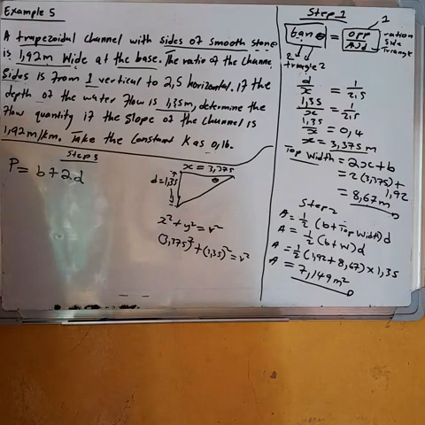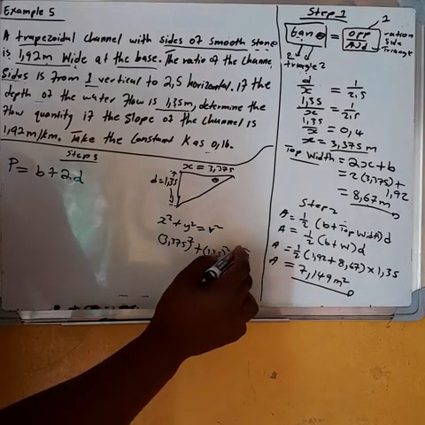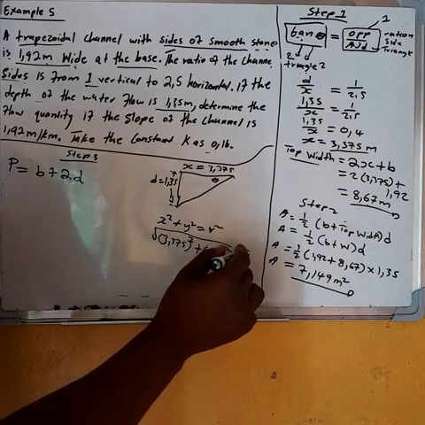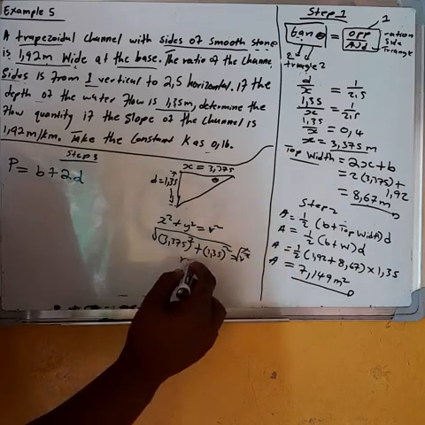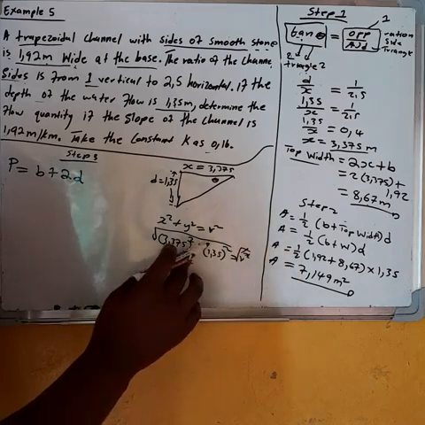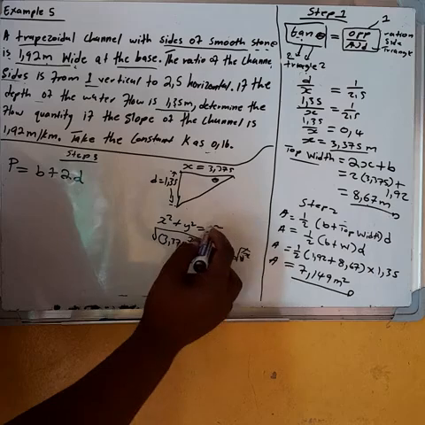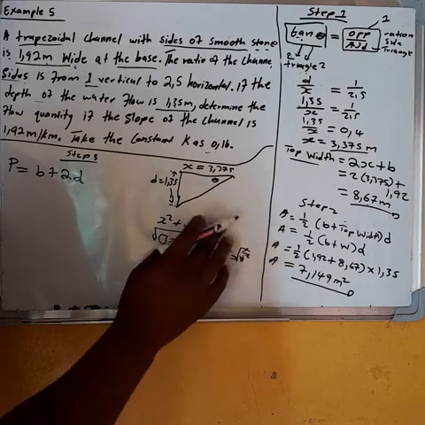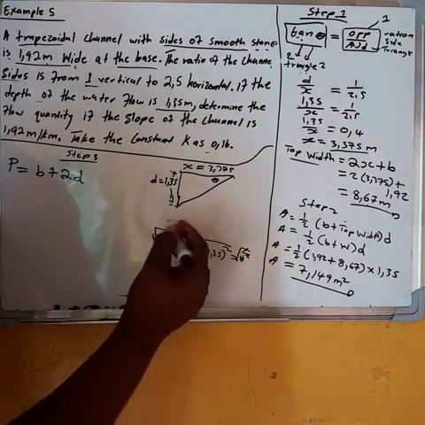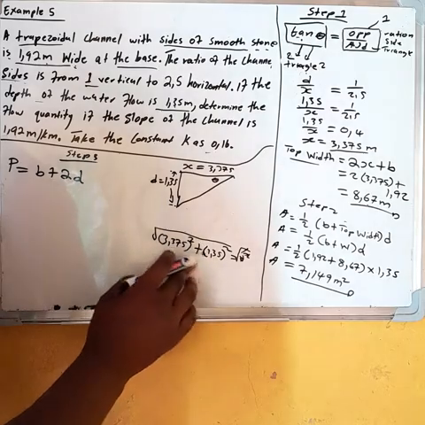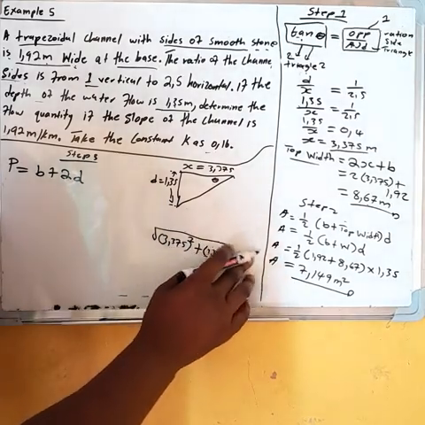This will cancel. This r represents the hypotenuse when we apply it.